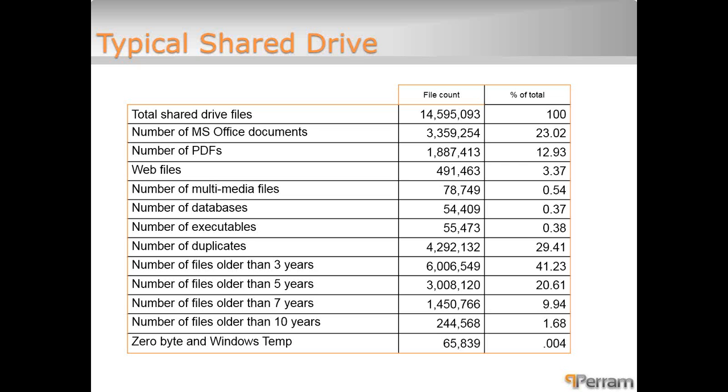But the important thing to measure against here is your age of content against your retention period, to see what is candidate for destruction. And then there's lots of little files as well that just get created by systems, 0-byte and Windows temp files and lots of other things like that that can easily be blown away.